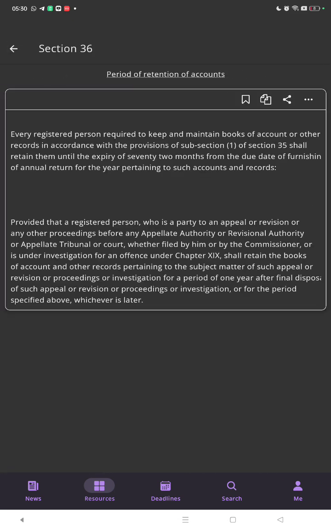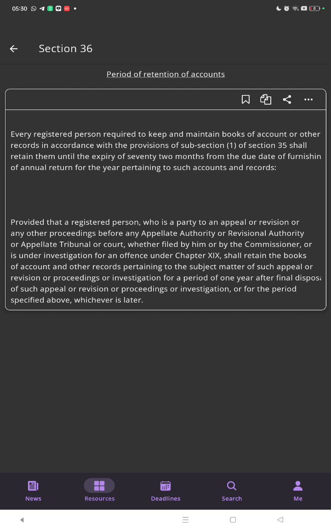Section 36: Period of retention of accounts. Every registered person required to keep and maintain books of accounts or other records in accordance with the provisions of subsection 1 of section 35 shall retain them until the expiry of 72 months from the due date of furnishing of the annual return for the year pertaining to such accounts and records.